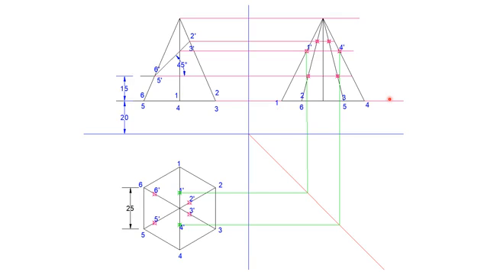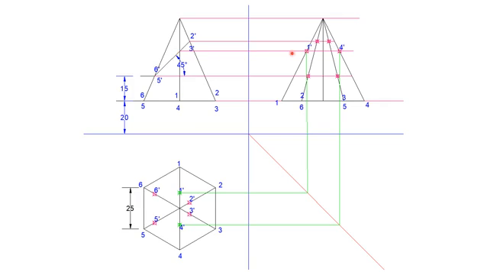Then we need to get point 1 and 4. Since we could not get them directly from the front elevation, we have to get those points from the end elevation. What we shall do is to get them from the front elevation all the way to the end elevation, such that here we have 1 prime and 4 prime. That point represents 1 prime and 4 prime.